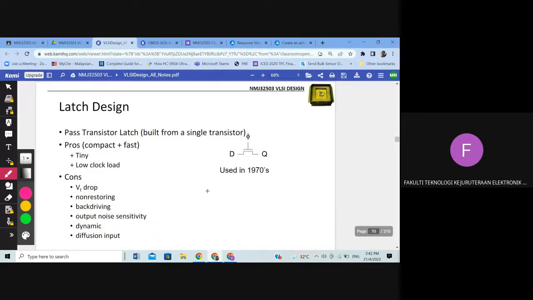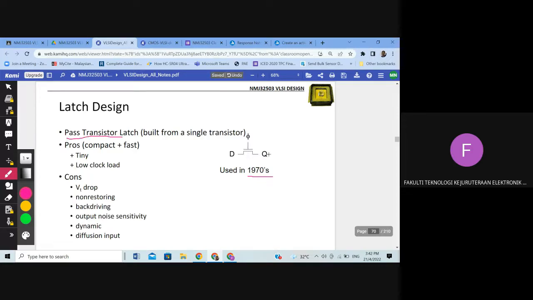To see the operation of latch, how latches and flip-flops store data temporarily, we can look at the internal architecture of the latch itself. Basically, the initial design of the latch in 1970 was made from a pass transistor.